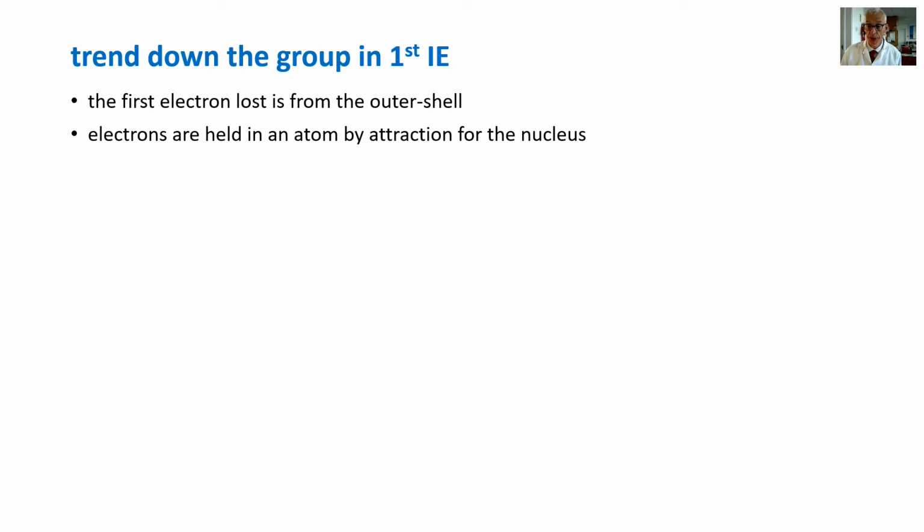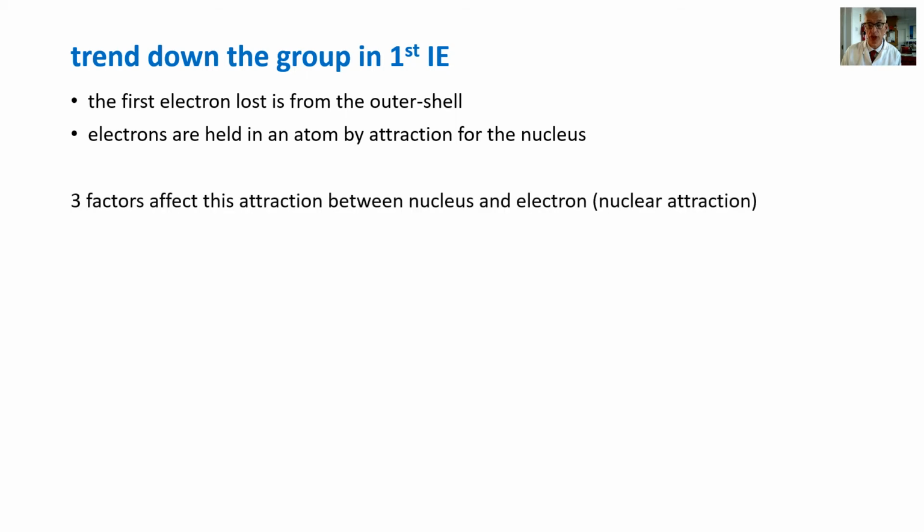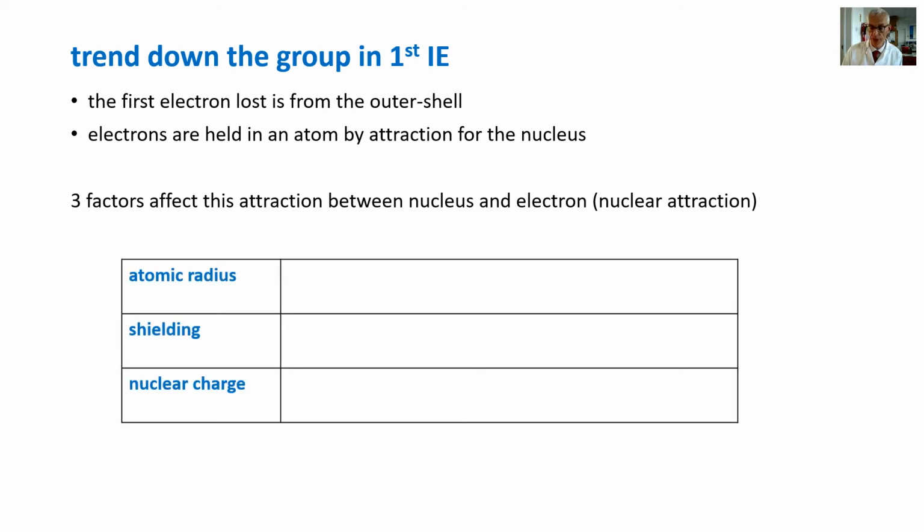Now there are 3 factors that affect the strength of the attraction between the electron and the nucleus, called nuclear attraction. Those 3 factors are atomic radius, something called shielding, and nuclear charge.